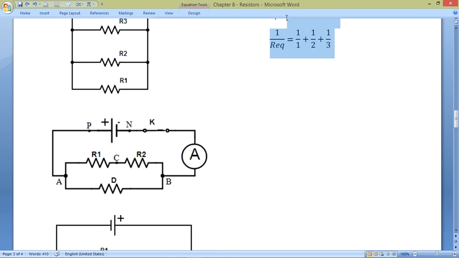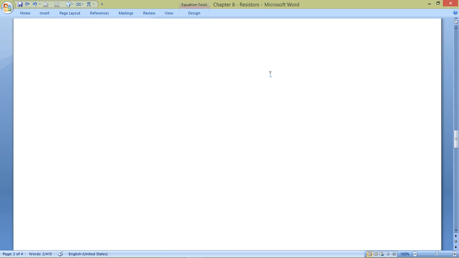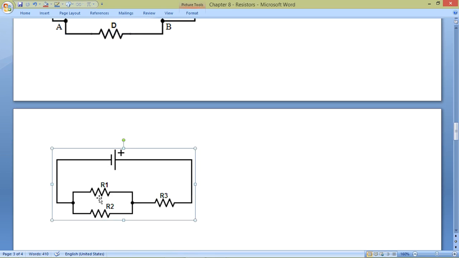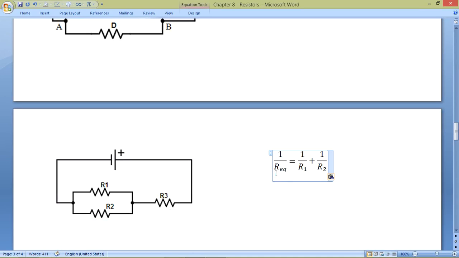Okay, now the last application. In the last application, we have two parallel resistors together. We calculate the equivalent resistance of R1 and R2, and then this equivalent resistance will be combined with R3. Let's try this. So at first, 1 over R12, let's call the equivalent resistance of R1 and R2 R12, is 1 over R1 plus 1 over R2, which is equal to 1 over 1 plus 1 over 2.